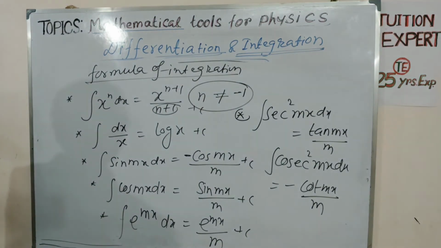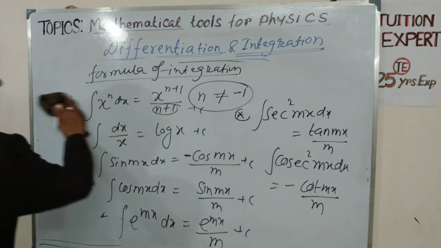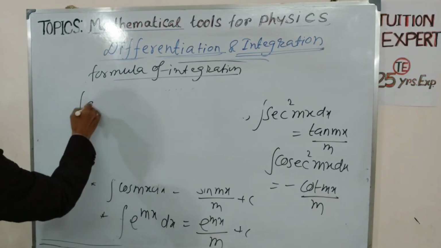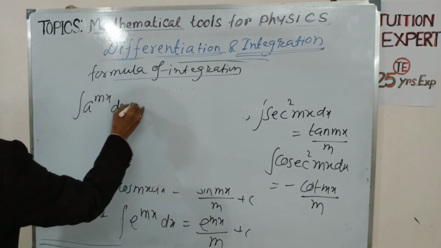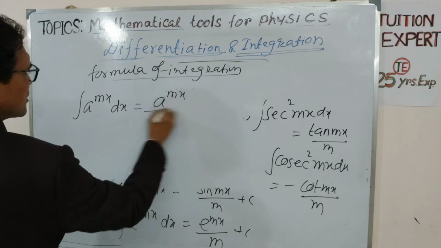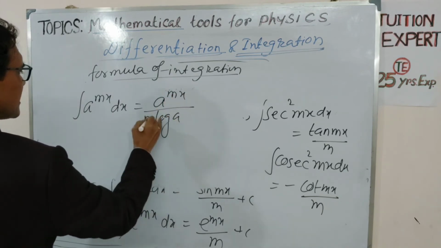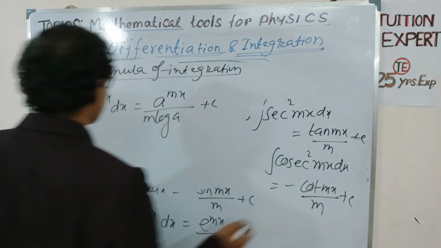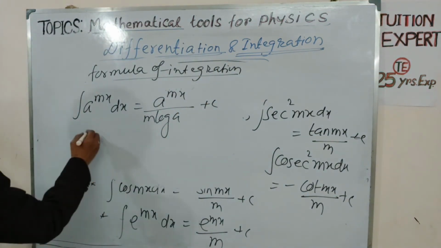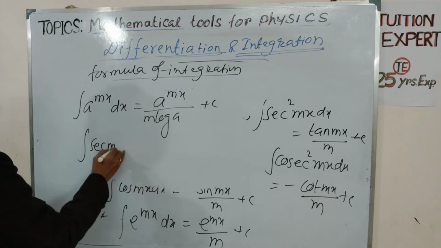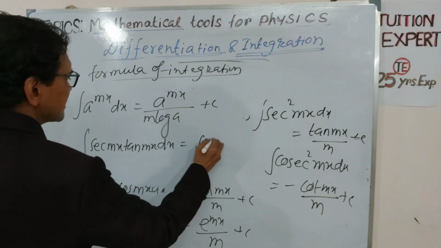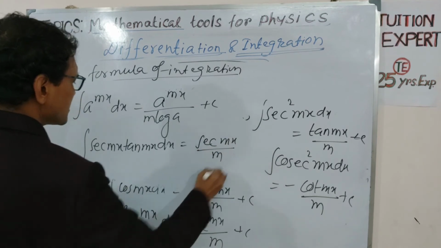The formula of e to the power mx dx equals e to the power mx by m. So plus c is always present. Sec x tan x gives sec x by m. Similarly cosec.